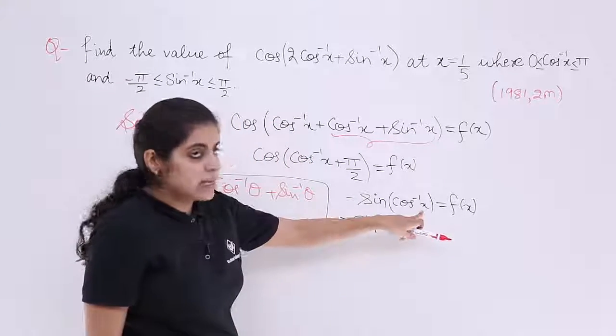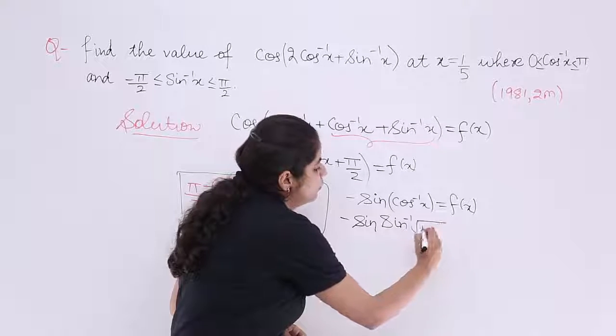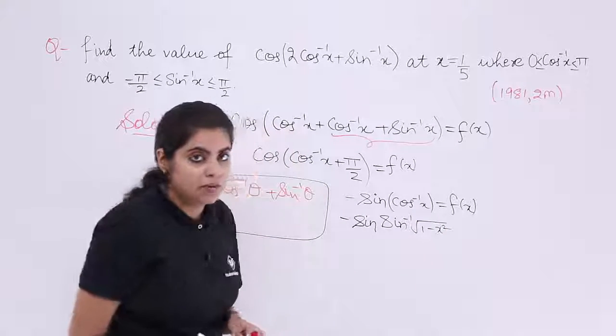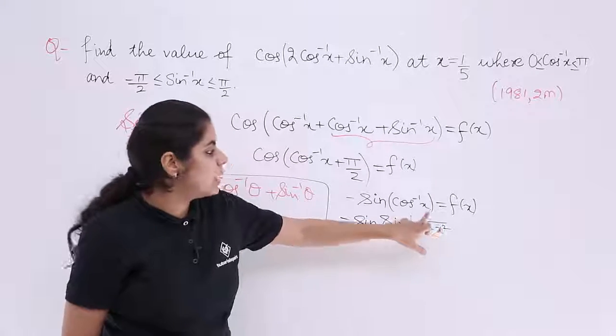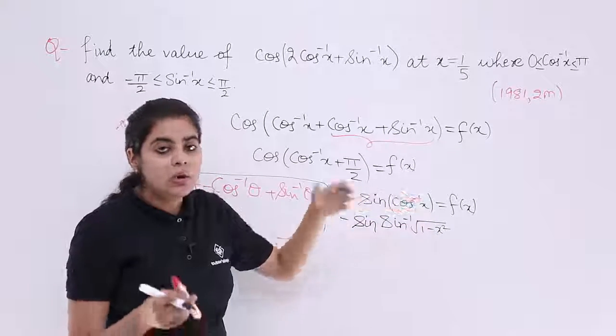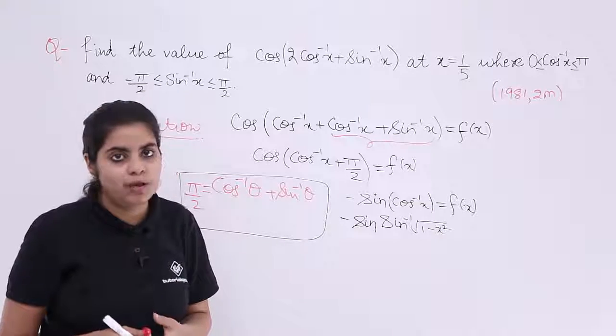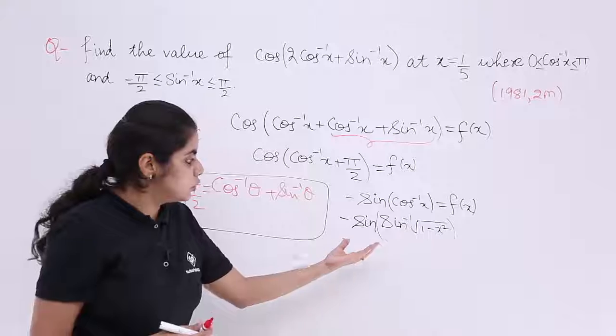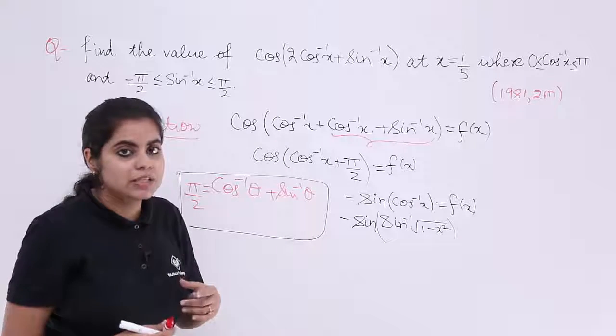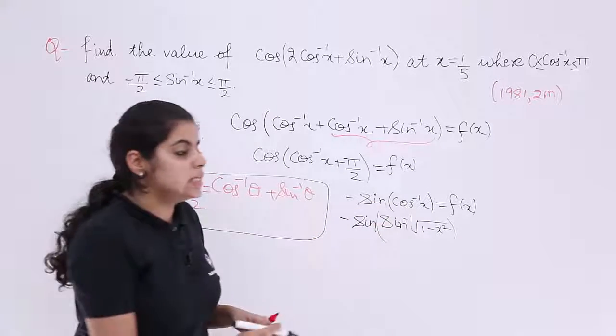When I have x here, I make it under root 1 minus x square. Why? Because if you square this, you have 1 minus x square, and you square this, you have x square. Both will be added to give 1. Everybody knows this. This is a formula as well. We have studied this while doing the previous videos of the syllabus, and everything is equal to f(x).